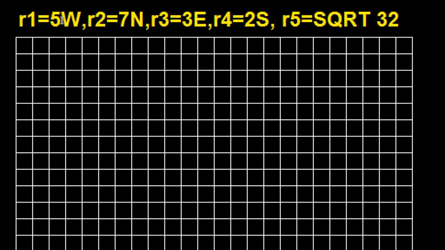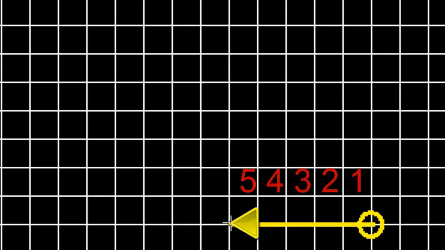R1 is 5 west. Let's assume that city A is right here. R1 would be 5 units going in this direction. Let's assume that each one of these squares is 1 kilometer, so that would be starting here, 3, 4, and 5. R2 would be 7 north.